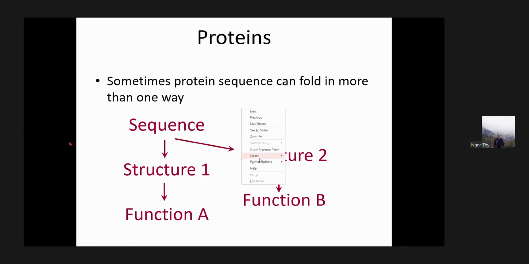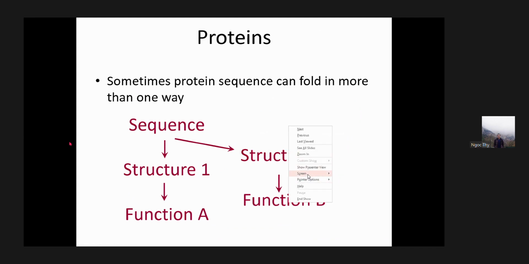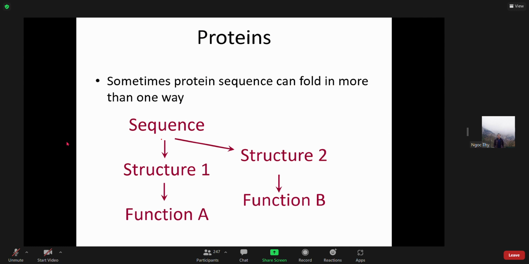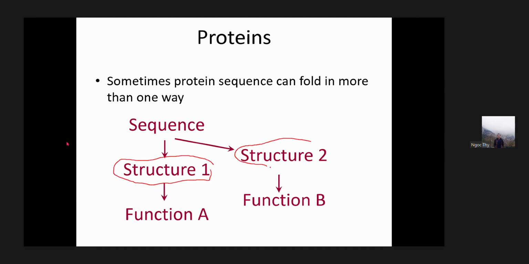As a consequence, from one sequence of amino acids, based on different post-translational modifications, we can form different structures of protein. So with one polypeptide sequence, we will have different isoforms of protein, and different isoforms will have different functions.